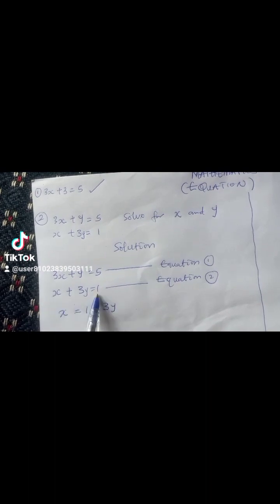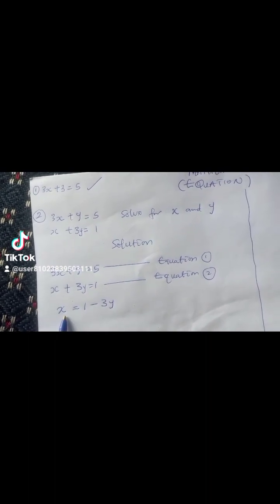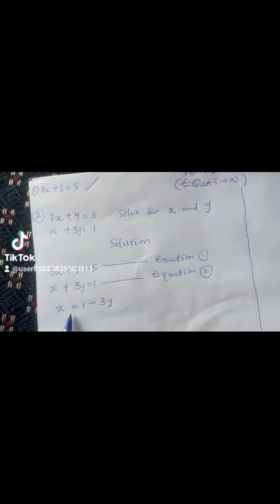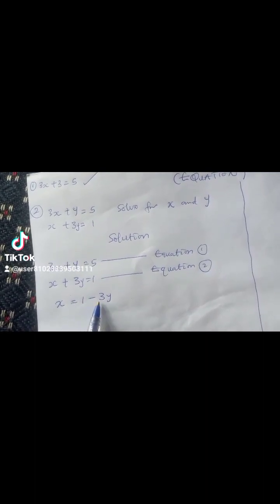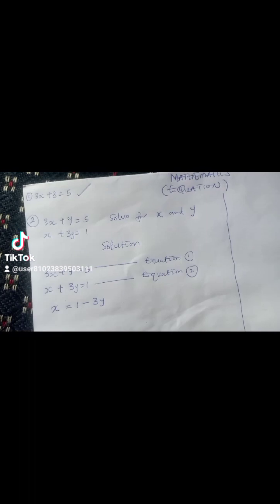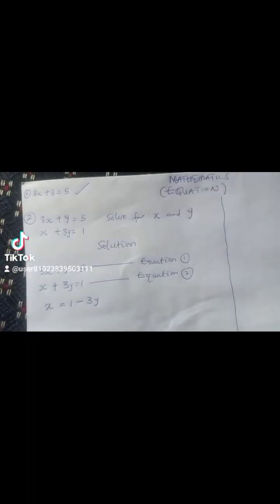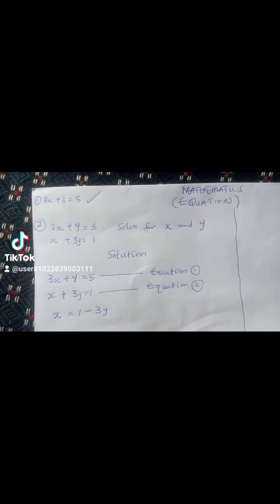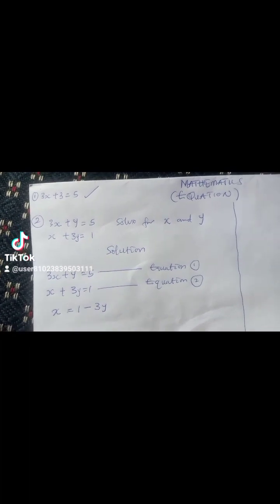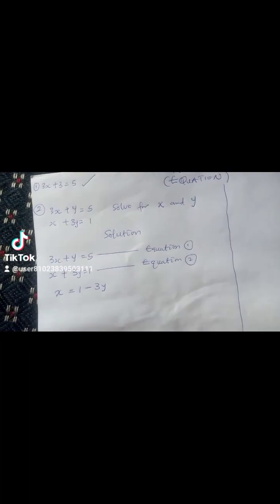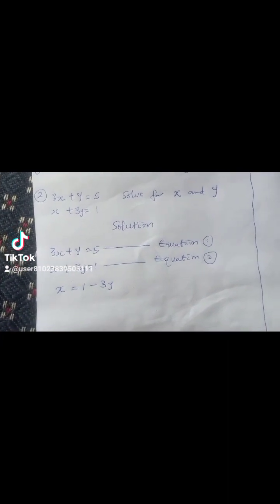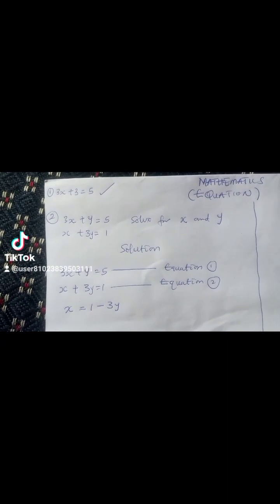We take equation 2 and write it in this form: x equals 1 minus 3y. Remember, we want to use the method of substitution in solving this kind of equation. It's a simultaneous equation. It's called the substitution method.